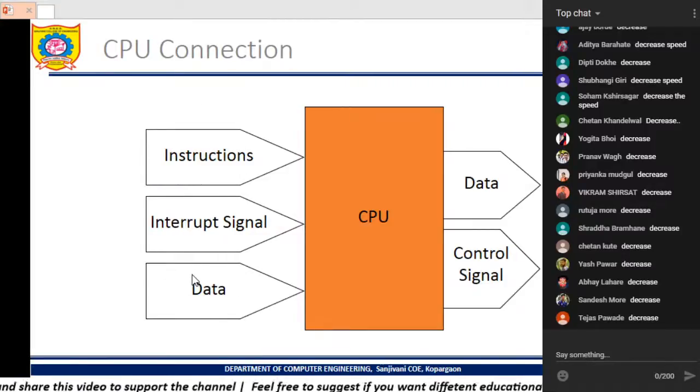So some kind of information is given to the CPU, and what kind of operation is to be done on that information is given by the instruction. And the interrupt signal, in case of any emergency, interrupts the flow of the system, and you do the urgent work first and then proceed with the regular sequence of the process.